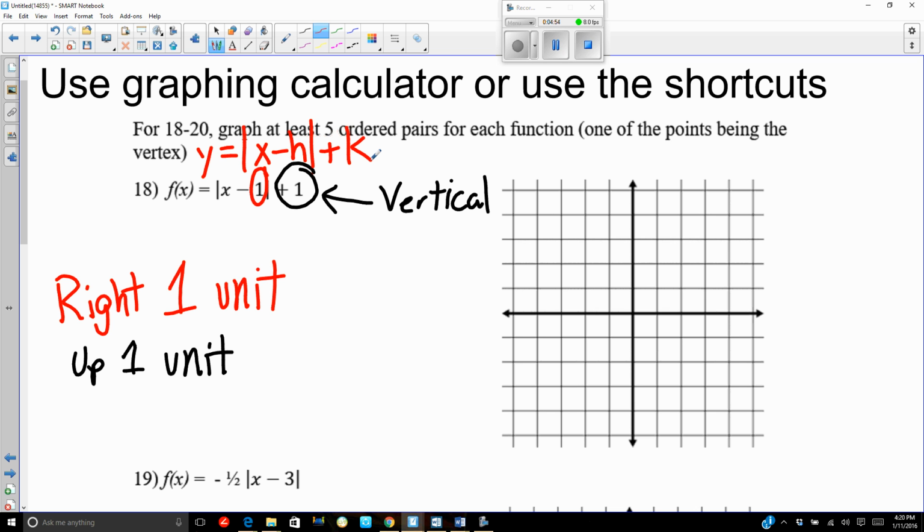X minus h plus k. So essentially that is actually a +1, even though there's a negative sign in front of it. So we're going to shift the vertex up 1 unit, right 1 unit. The amplitude for this problem, or the slope, is 1. So we've got 2 points, 1 on either side. So your graph should look like that on number 18.